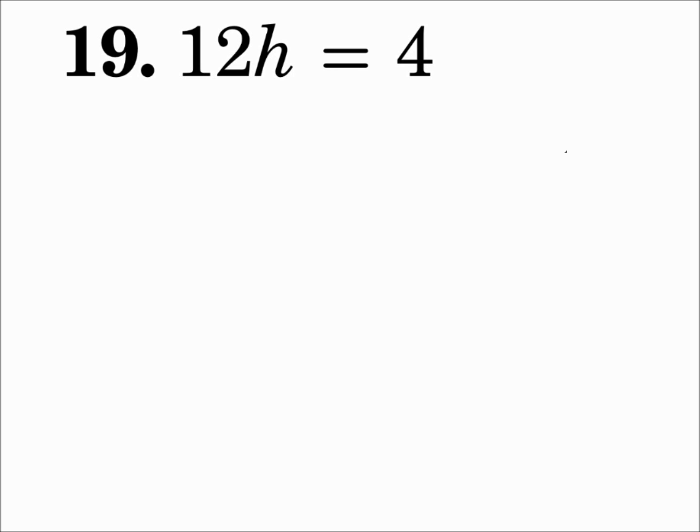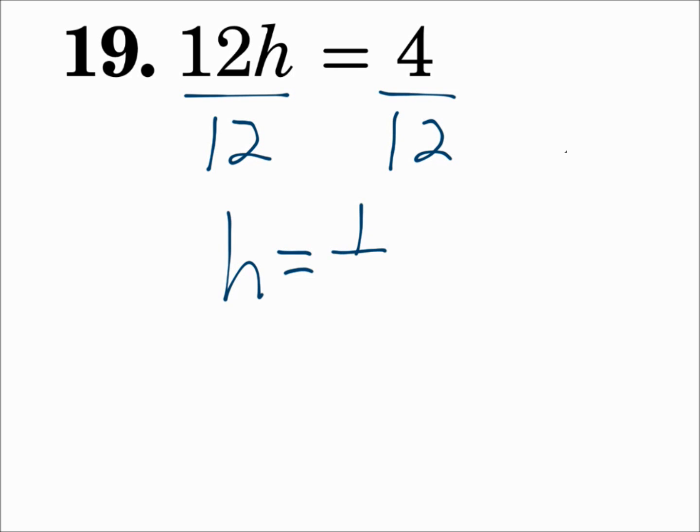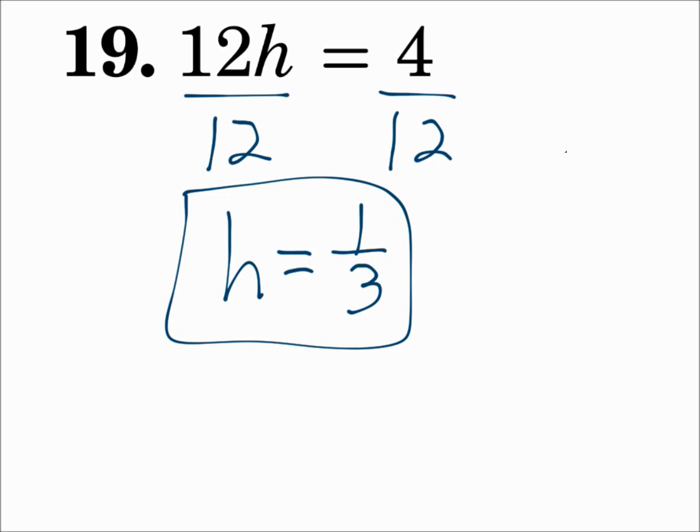That's 12 times h. So to move it, do the opposite and divide both sides by 12. The 12's cancel on the left, leaving h, and 4 divided by 12 is 1/3. Always reduce the fraction. 4/12 is 1/3.